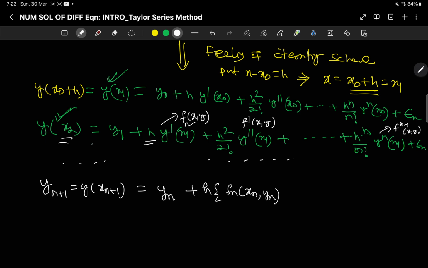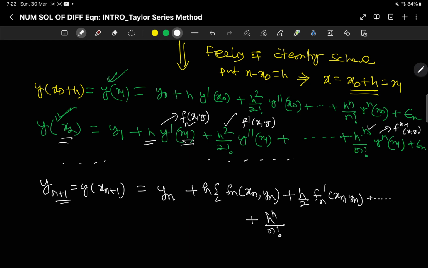You see for x2 it is x1, for n plus 1 it is n, plus already one h taken common, h by 2 f_n dash at xn yn, you continue, and it continues like this, and it will be h^n by n factorial.